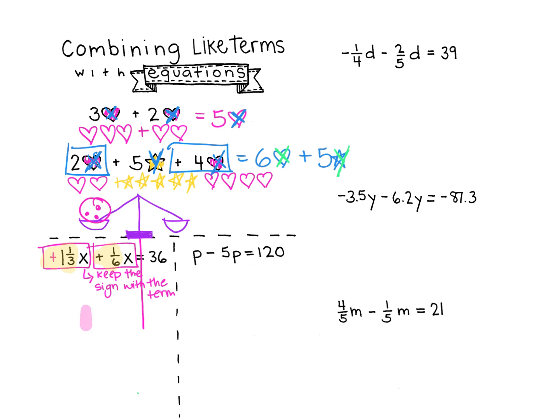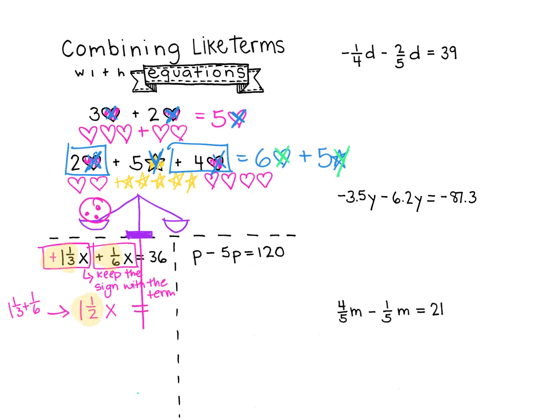We're going to get 1 1/2 x when we add. So let's put a note here. This was 1 1/3 plus 1/6. That gives us 1 1/2 for my coefficient.